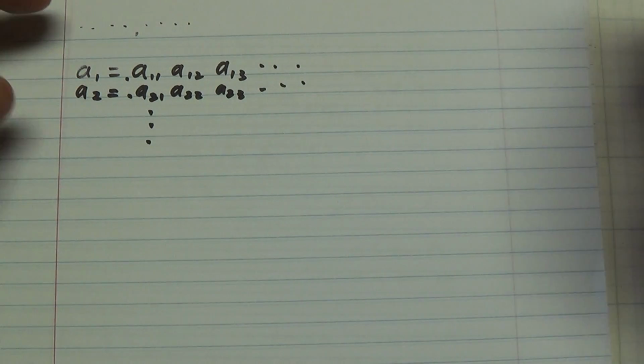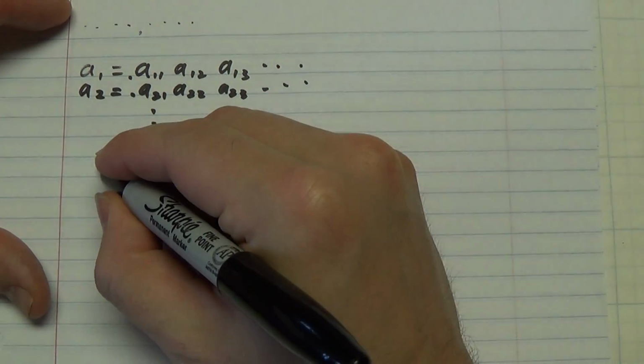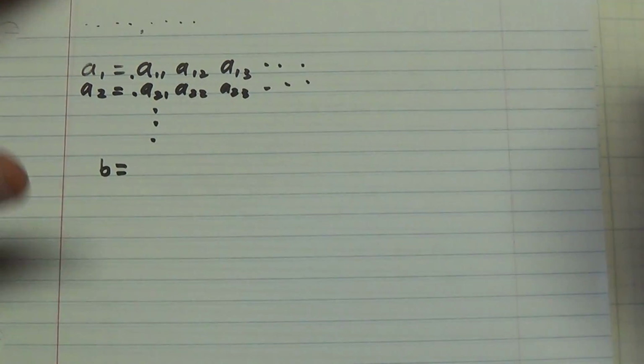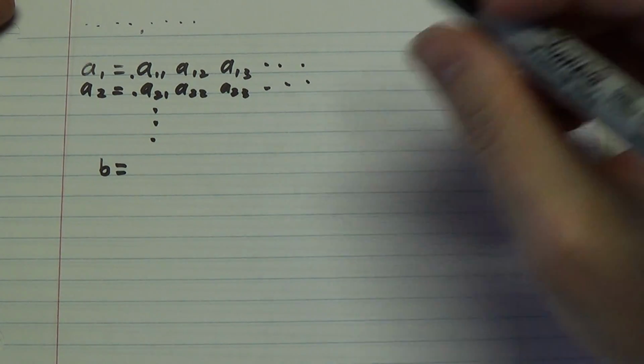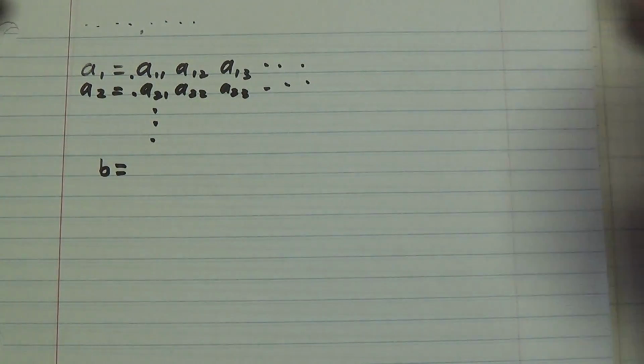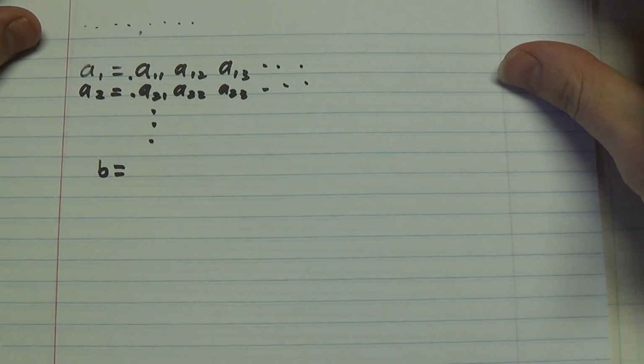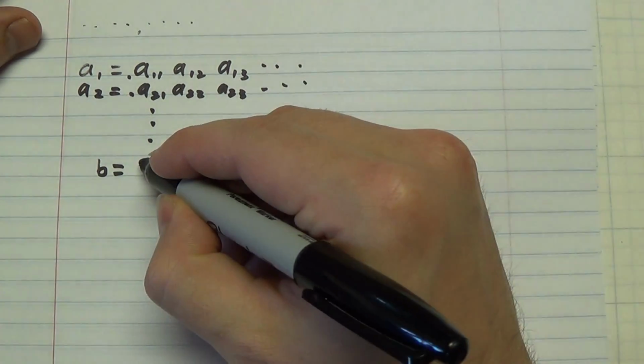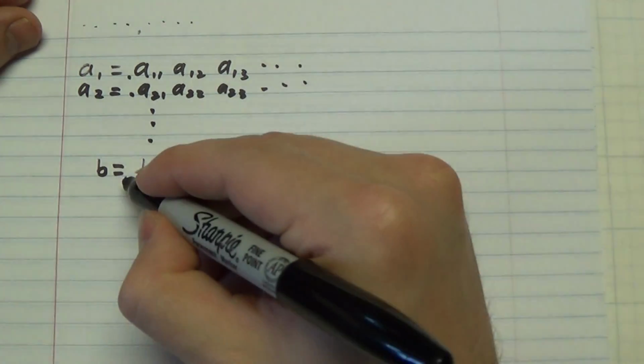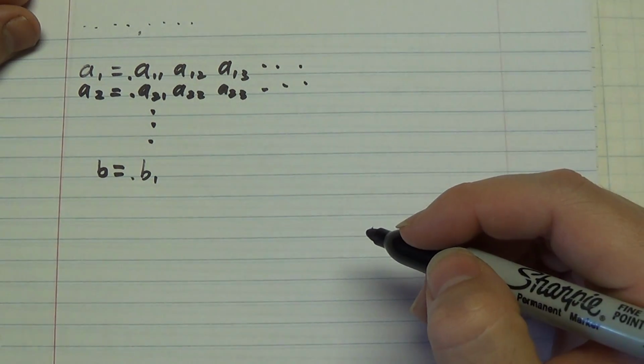I'm going to go and make a new number, call it B. And the way I'm going to do this is I'm going to knock on door number 1 and ask, what's your first digit? And then whatever that is, I'll use that to construct my first digit in this way.